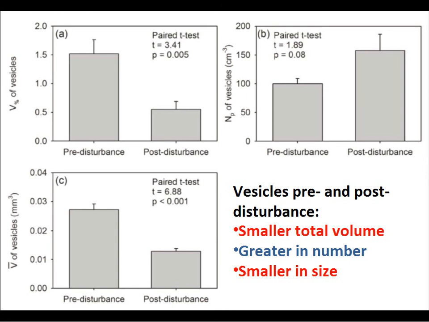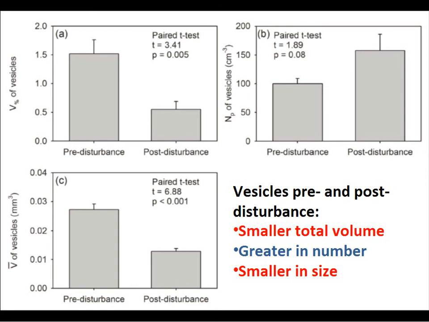If we look at the data, this is the data for the vesicles. We saw there was a smaller total volume of vesicles. They were actually greater in number following disturbance, but they were smaller in size. And this is actually the same thing that's seen when you look at recovery of vesicular pores in the lab. In the initial stages of vesicular pore formation, you actually have a larger number of pores that are smaller in size.